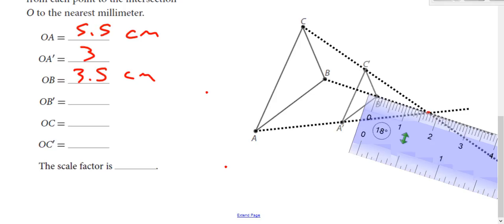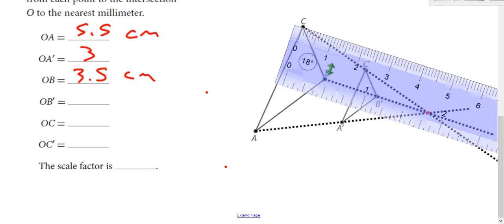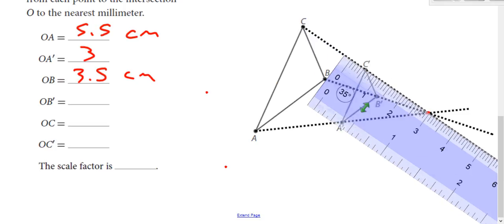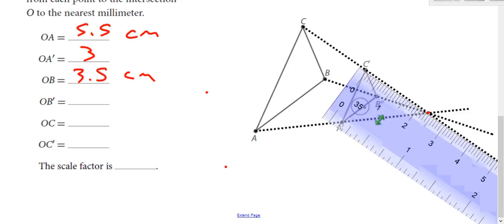And from O to C and O to C prime, you get your measurement. Your numbers might be a little bit different than mine. It's close to 5, and then point something.